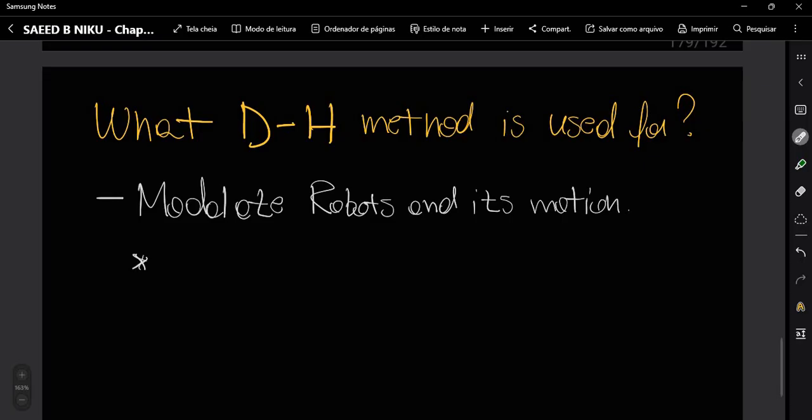So we are dealing with things like the links of the robot and the articulations, which are the joints.